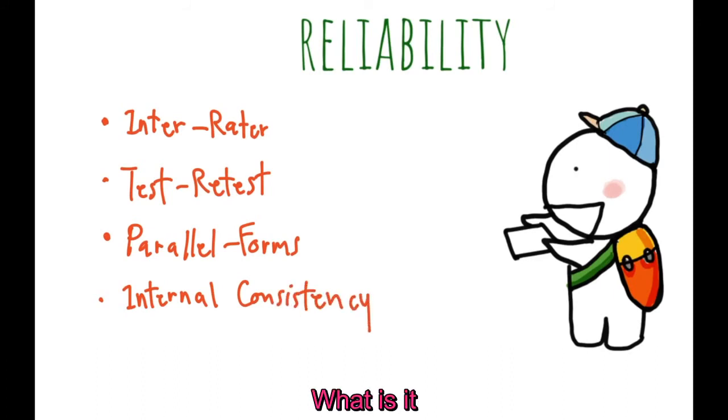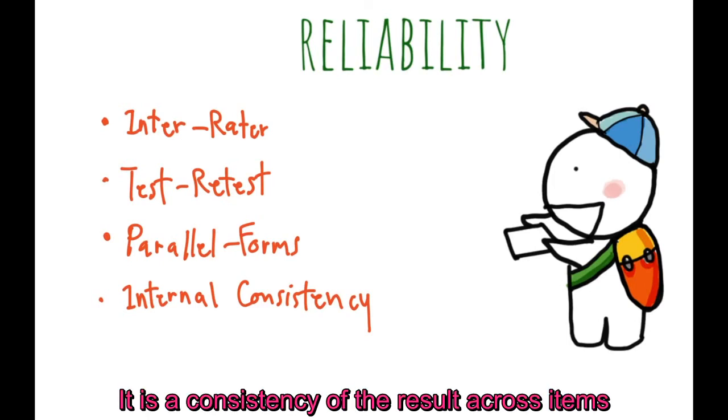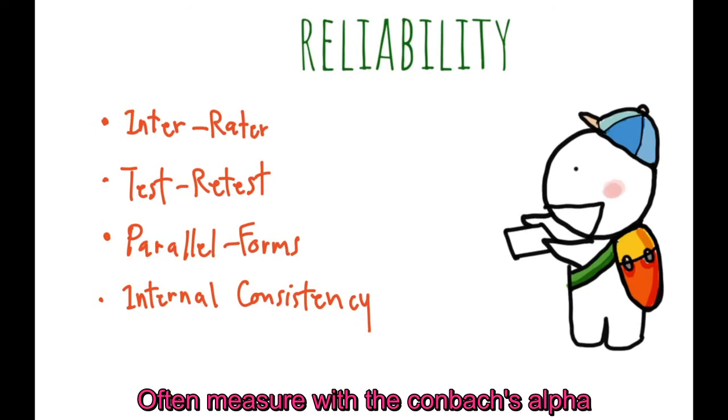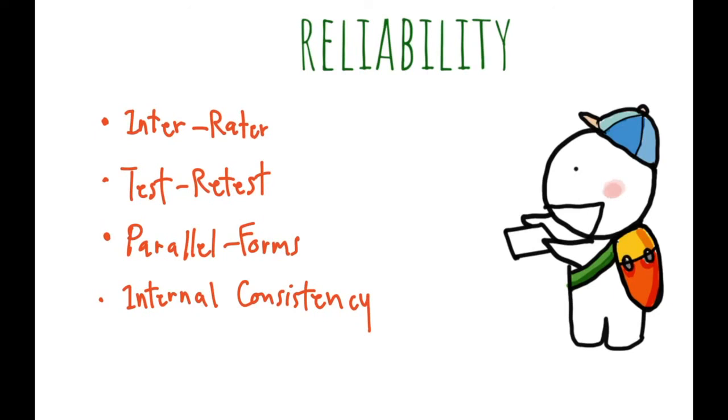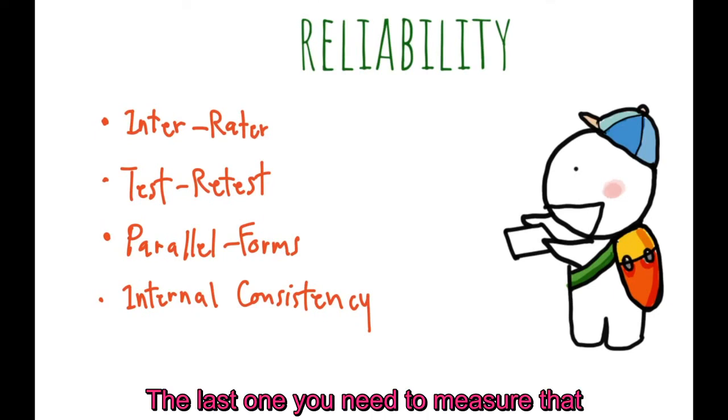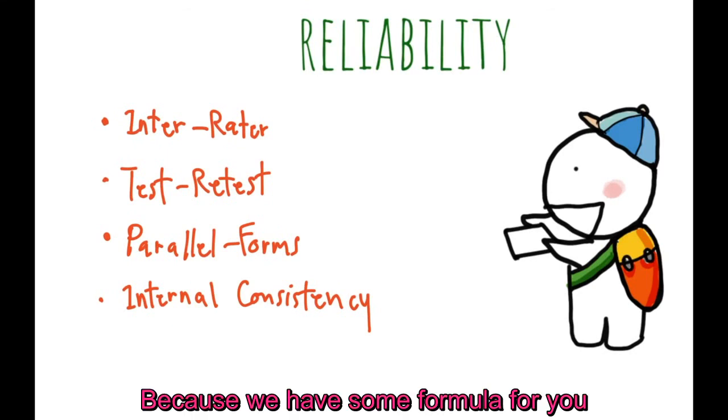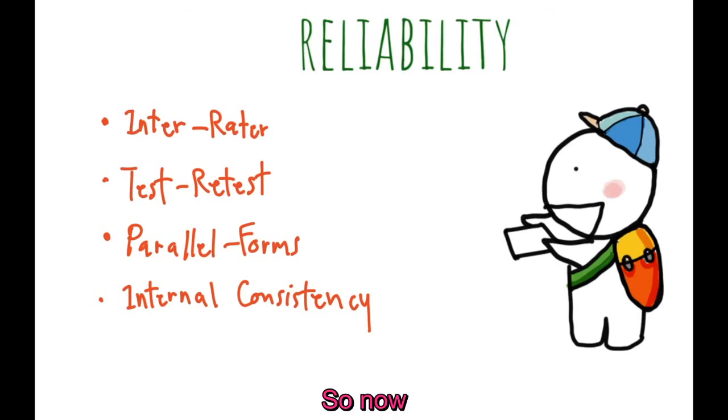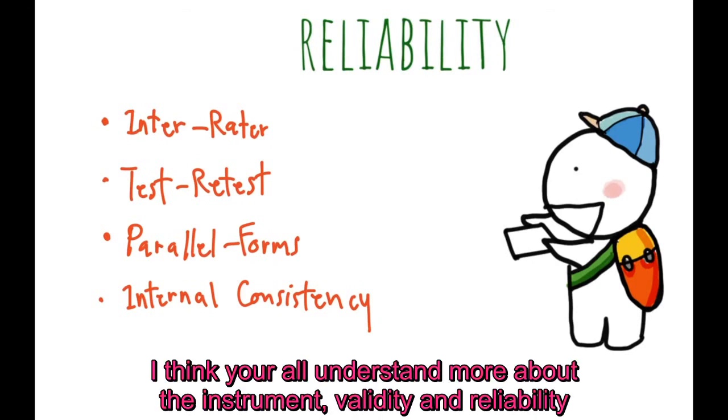What is it? It is the consistency of the results across items, often measured with Cronbach's alpha. For the last one, you need to measure it because we have some formulas for you. So now I think you all understand more about instruments, validity, and reliability. Thank you.